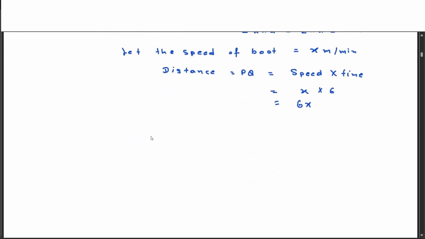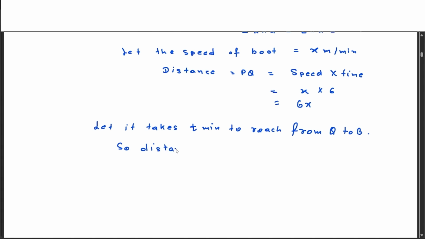Now after that, we have to calculate the time. Let it take t minutes to reach from Q to B. So the distance BQ, how can we find it?